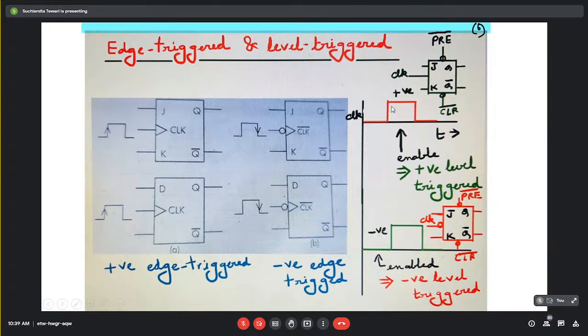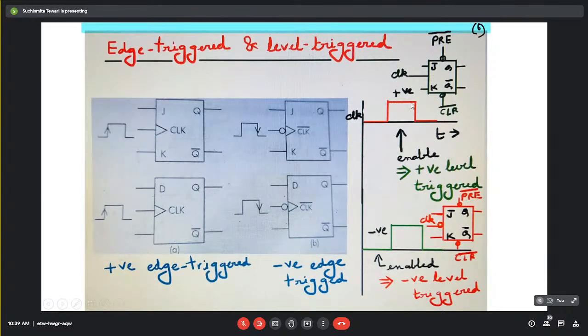So then during this whole enabling period, until and unless this edge or this edge arrives, no output change will take place even if input fluctuates. That type of clock signal or that type of system is what we call edge triggered.